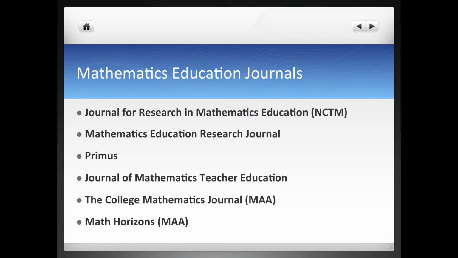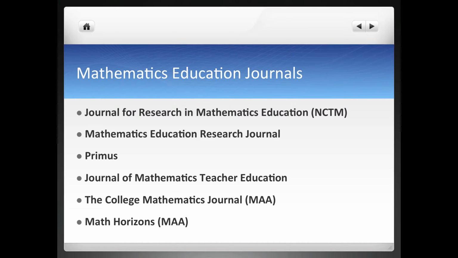The College Mathematics Journal and Math Horizons through MAA, these are probably less research focused. They're probably not going to help you as much in the goals of your research project. But I just put them there because sometimes you can read things like this to get some ideas, even though they may not present research.